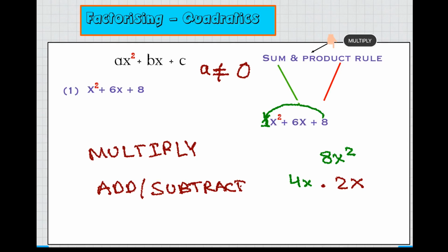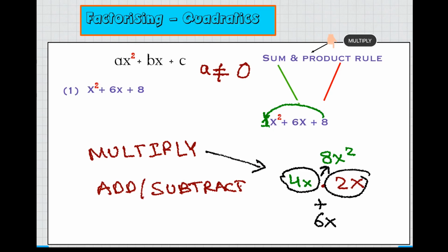So if I times 4x with 2x, these are the two numbers, 4 and 2, that gives us 8x squared. And if I add 4x and 2x, it gives me 6x. So you can see I found two numbers, 4x and 2x.